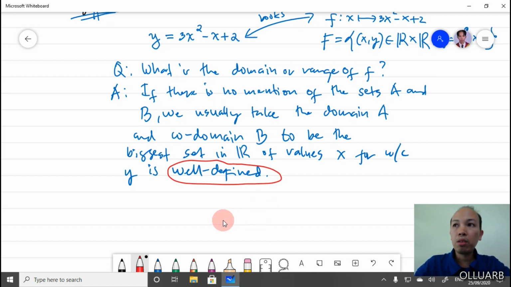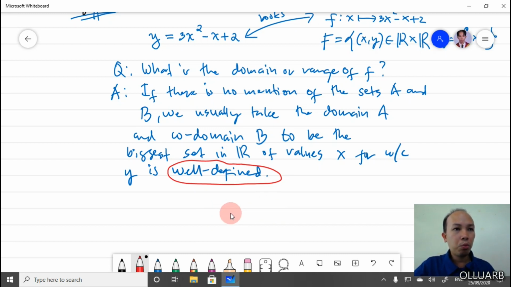For example, the radical equation, the rational equation, and many other functions or relations that we will discuss later. Those equations are hard to find the domain or the range of.